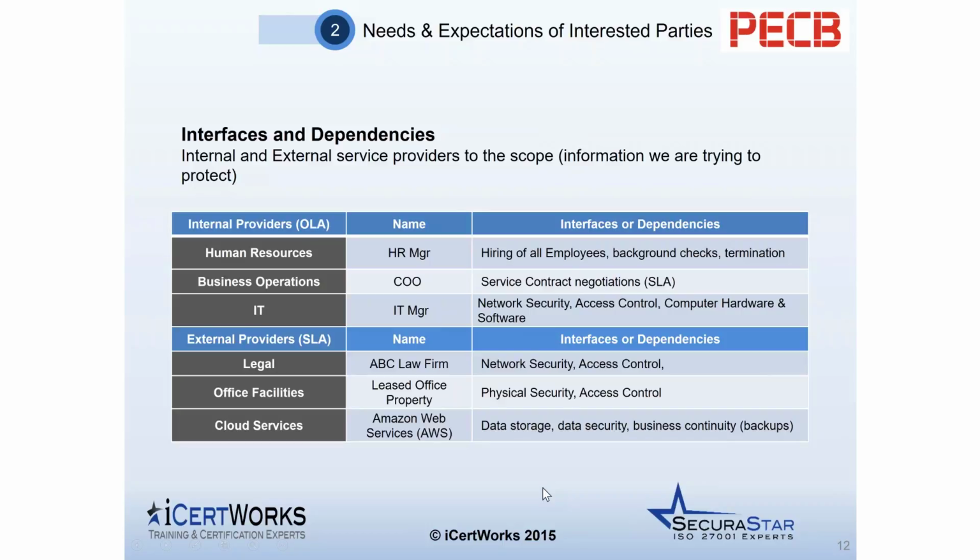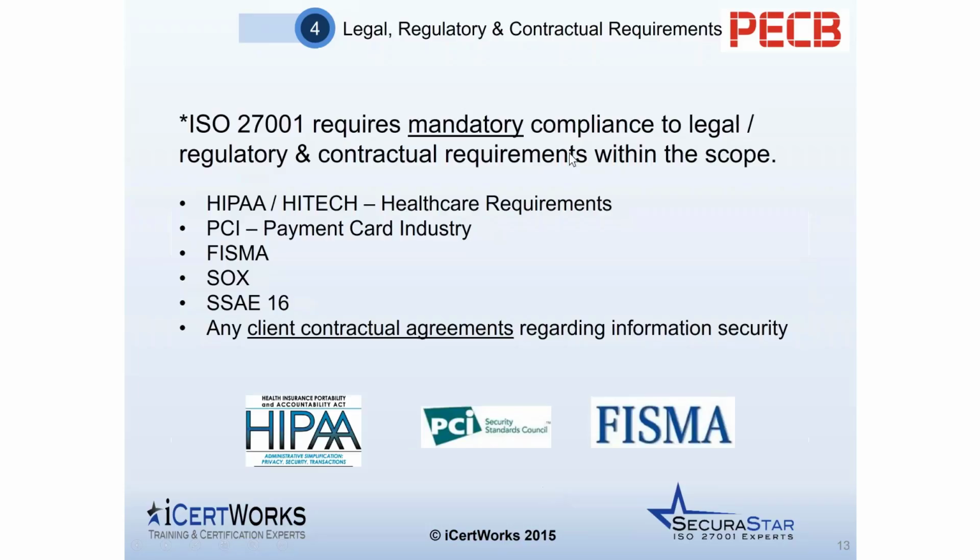By the way, ISO 27001 requires mandatory compliance to legal, regulatory and contractual requirements within the scope. Now, when we say mandatory compliance, we need to be able to monitor and measure those legal, regulatory, contractual requirements within the scope. However, it's a common misconception that we need to have an attestation or audit to show that we comply with it.